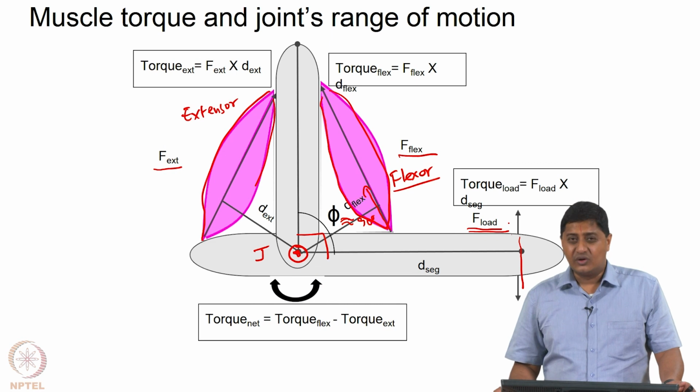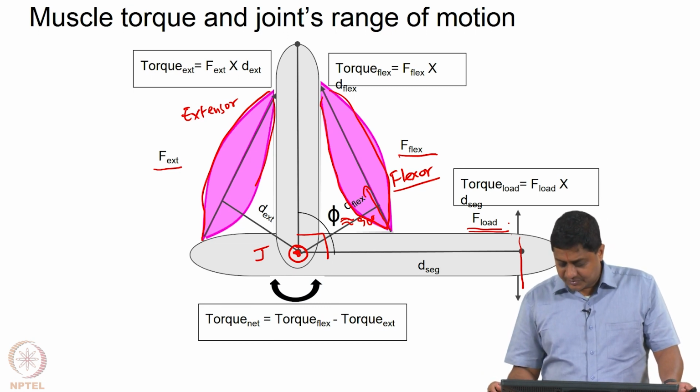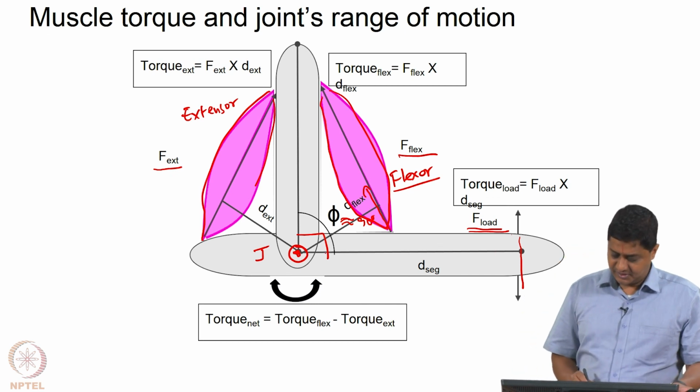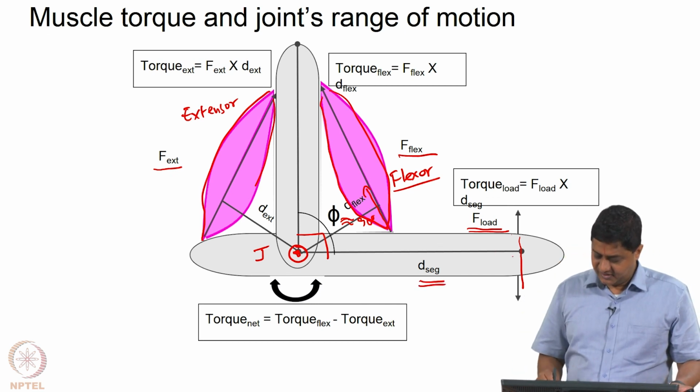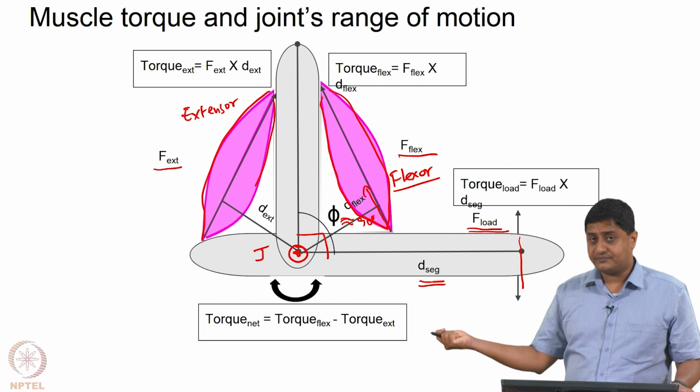Let us assume that there are no other joints being spanned. I am simplifying the situation so we can understand the principle. So, suppose there is no other joint involved here, the perpendicular distance between the load and the joint is some distance d.